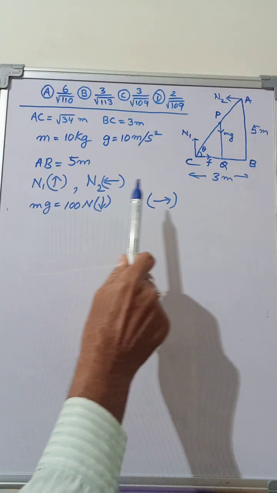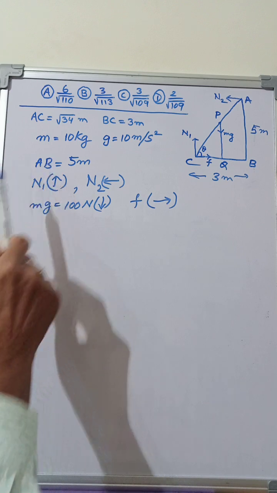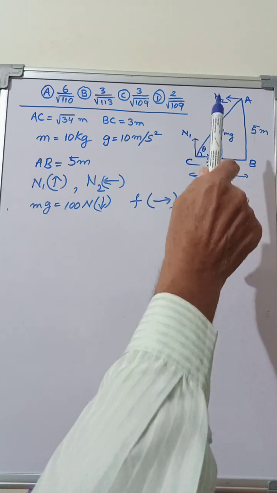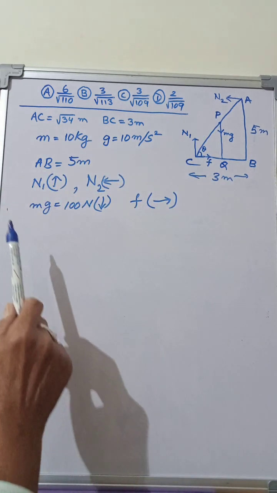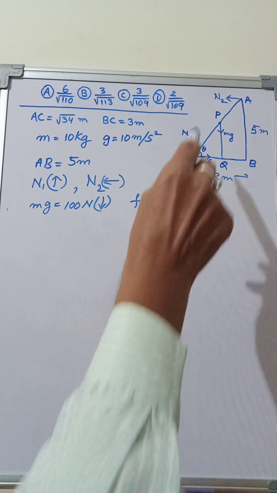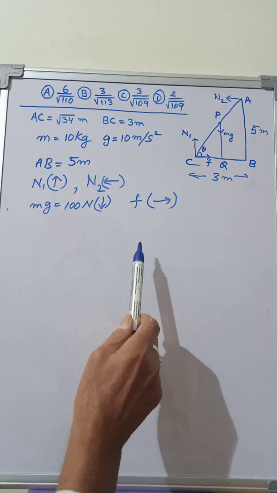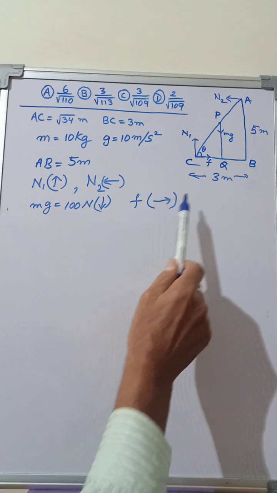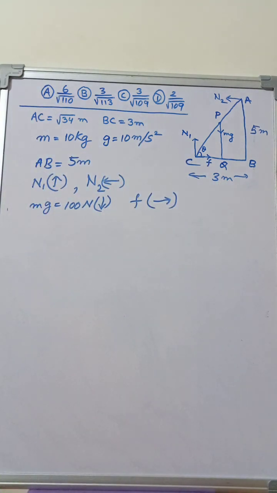N1 is the normal reaction of the floor acting in the upward direction, and N2 is the normal reaction of the wall acting towards left, and mg is equal to 100 newtons, which is acting in the downward direction along PQ, and F is the force of friction of the floor which acts towards right.